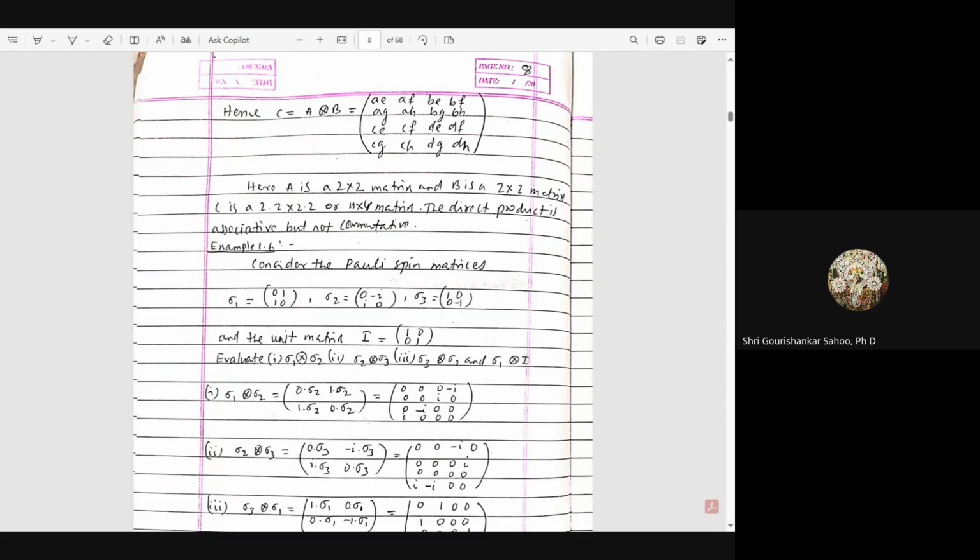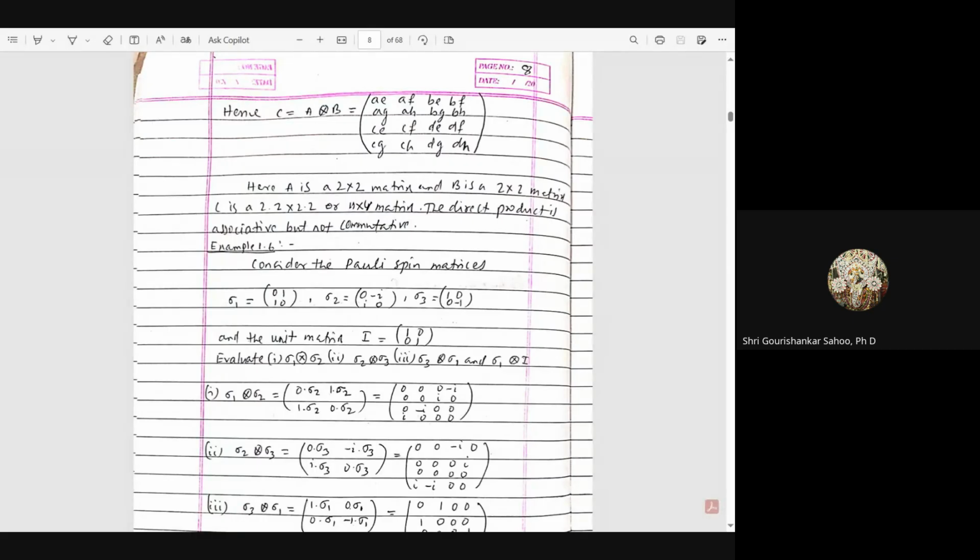So I have told you about the Pauli spin matrices in Dirac notation, P.A.M. Dirac. So your sigma 1 is equal to 0, 1, 1, 0. This represents electron spin. Similarly, sigma 2 is equal to 0, minus i, i, 0. Sigma 3 is equal to 1, 0, 0, minus 1.